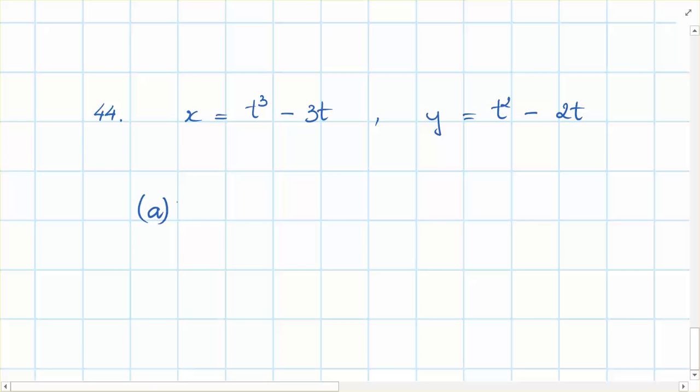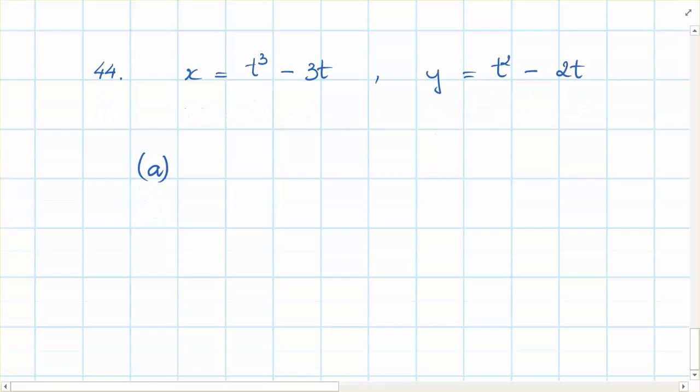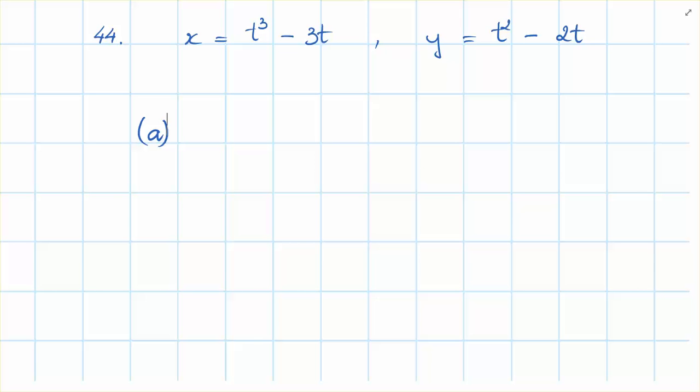to find when the particle will stop, you have to find the speed of the particle. So the first thing you need to do is find the derivative of x and y.